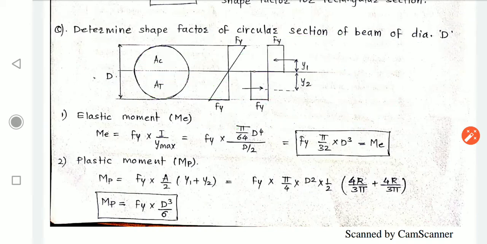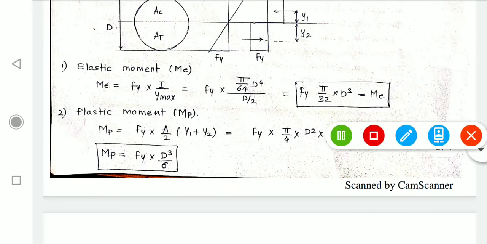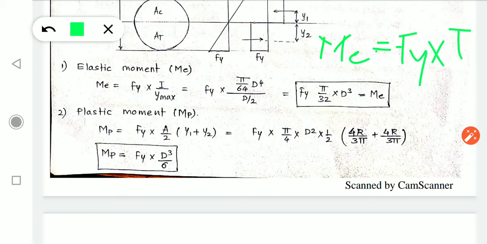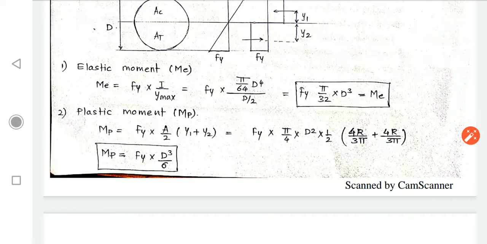Understood? Now calculation of ME. How to calculate ME for this section? For ME we need yielding stress into I by Y, where Y is the maximum Y. For a circular section the I is pi by 64 into d raised to 4, and Y max is d by 2.